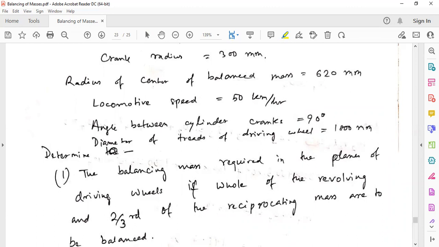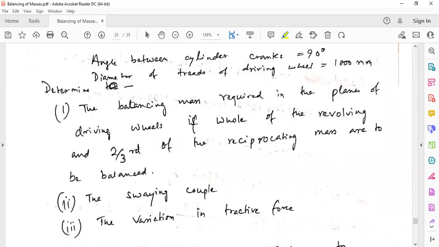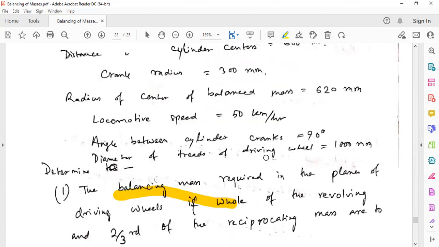Now determine the balancing mass required in the planes of driving wheels if the whole of the revolving and two-thirds of the reciprocating mass are to be balanced, in the swaying couple, then variation of tractive force. So what you have to find? You have to find a balancing mass, swaying couple, and variation of tractive force using these data.